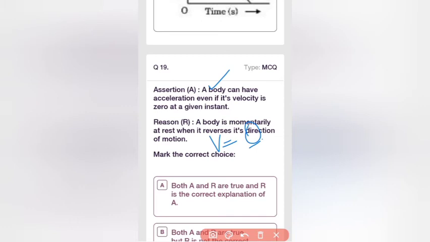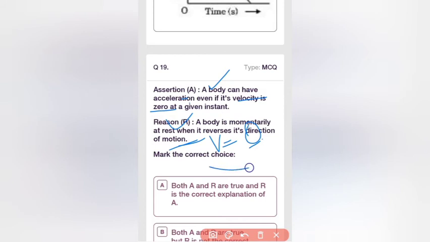And the second thing is reason. What is it? A body is momentarily at rest when it reverses its direction of motion, isn't it? So that is also correct. So this is the reason. During this period, the body can have 0 velocity and some acceleration.